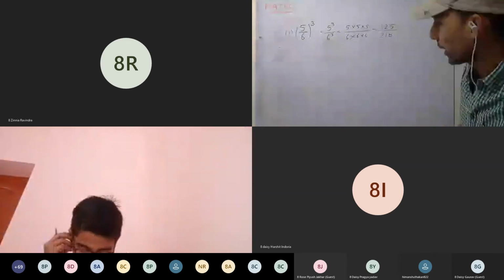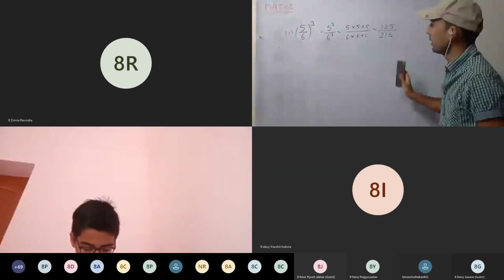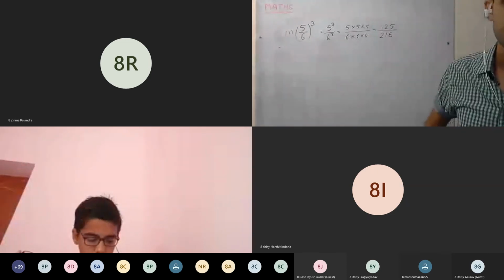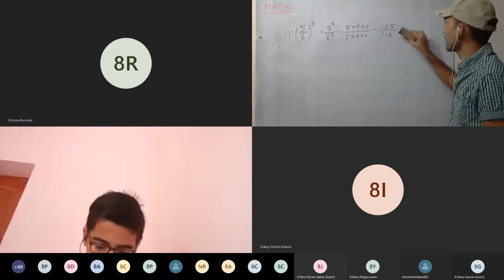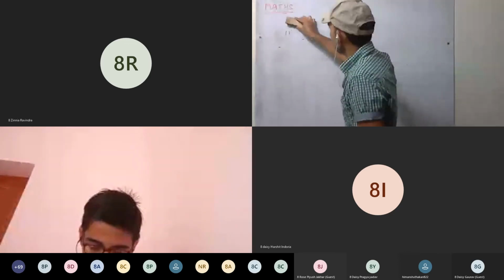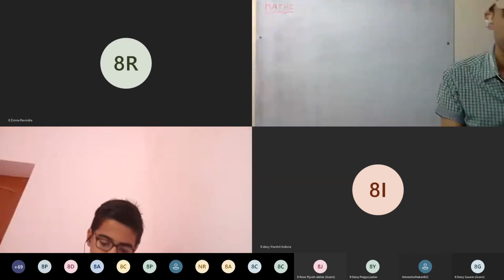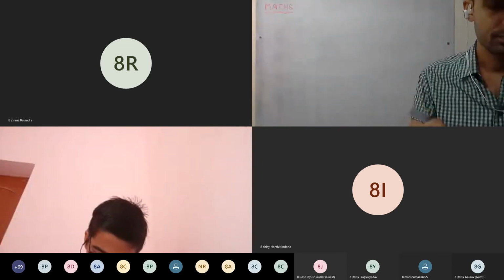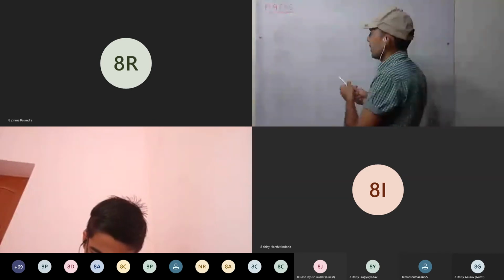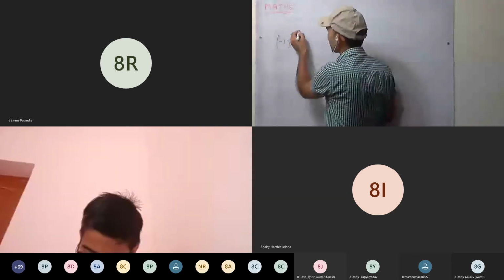If you haven't understood, do ask, or else it will be trouble as we move further. First question is clear to all. Go for the second one. It's a mixed fraction, so convert it into an improper fraction first. It will be how much? Minus 18 by 11, minus 18 by 11, the whole cube.